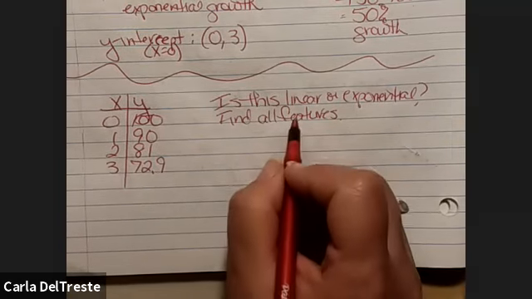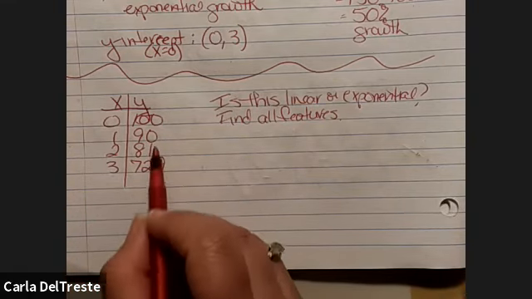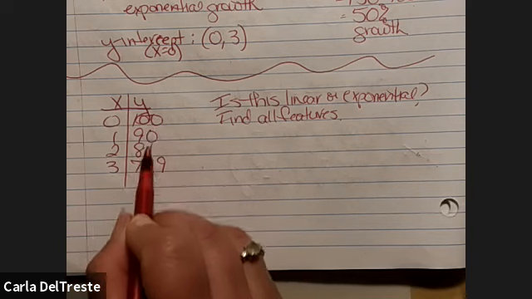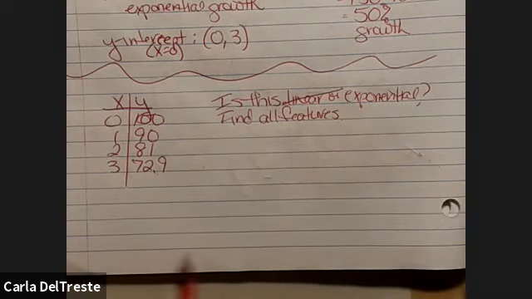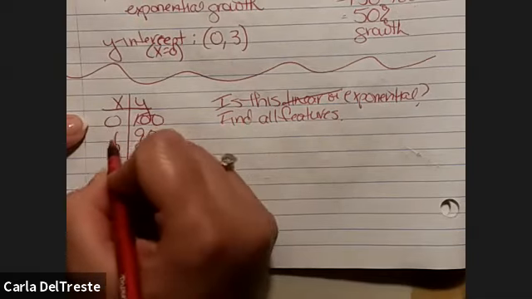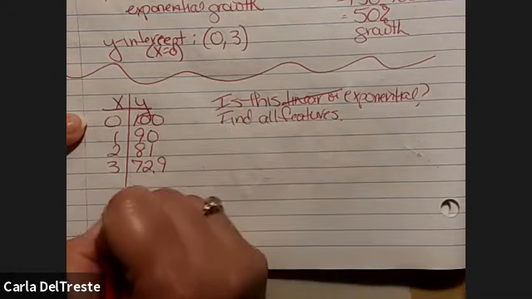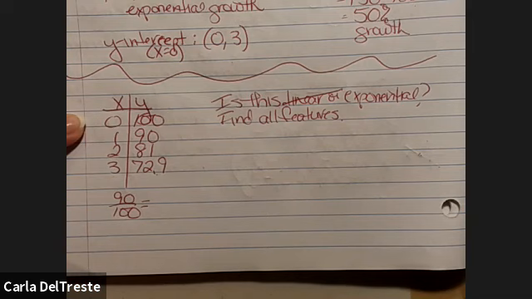So I'm going to do a quick linear test first. Definitely changing by ones. I can see just by this decimal that this is not changing by the same number. So linear is out. Let's see if this is exponential. I'm going to divide sequential outputs. So I want to see if 90 divided by 100, what does that give me?